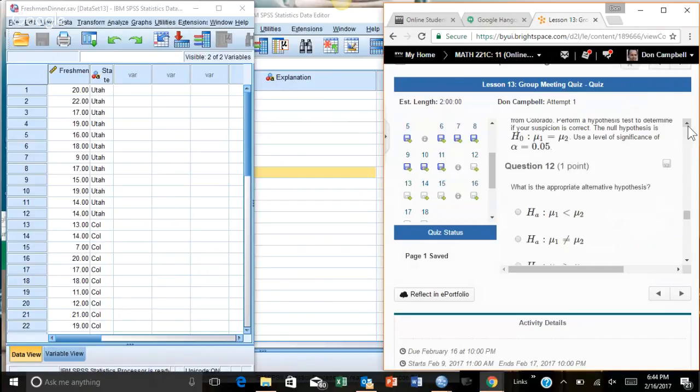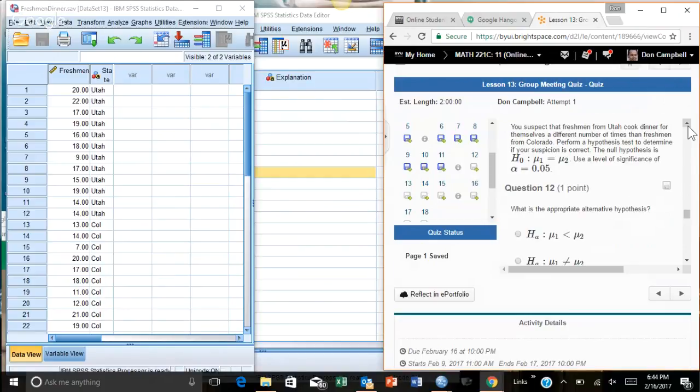So up top, it gives us the null hypothesis, which is that they equal the same.